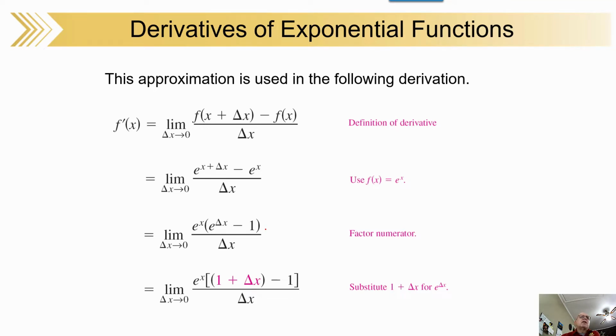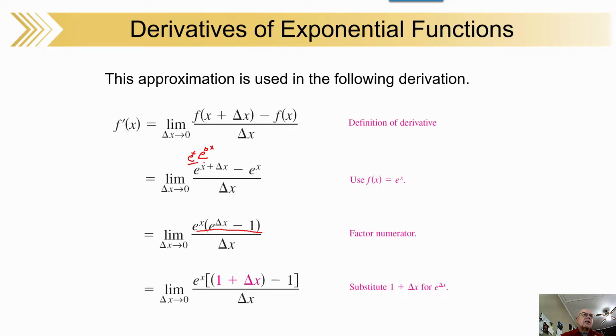So we throw that approximation in. We start with the definition of a derivative, and we use e to the x instead of any other function. We use that for our f of x. Do the substitution. This is just a way of factoring that, because this, remember, is e to the x times e to the delta x.